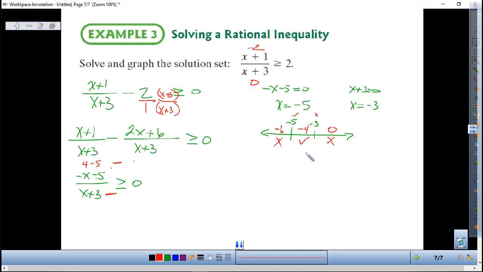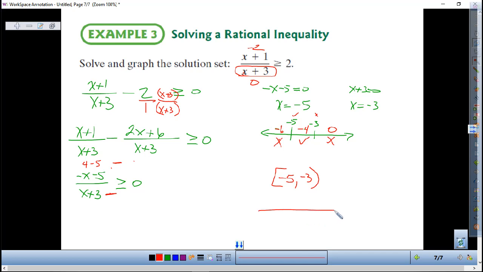When we write our interval, we have [-5, -3). The -3, because it makes this denominator equal to 0, is not going to be part of our solution set, because it's not even able to be in the graph of the function without causing it to be undefined.